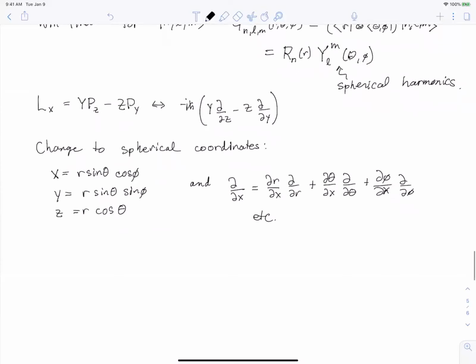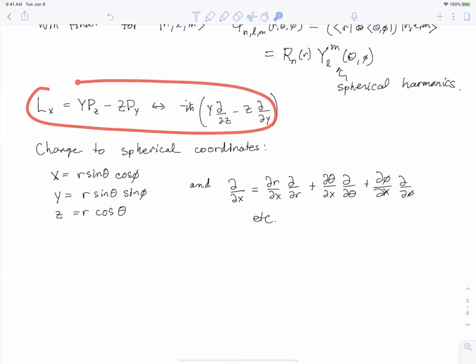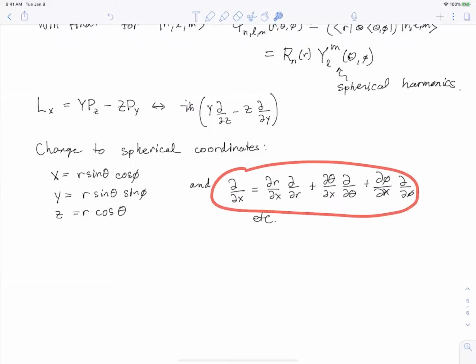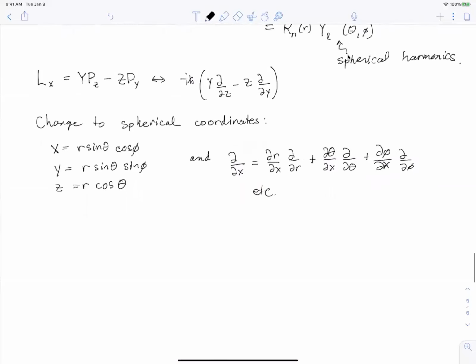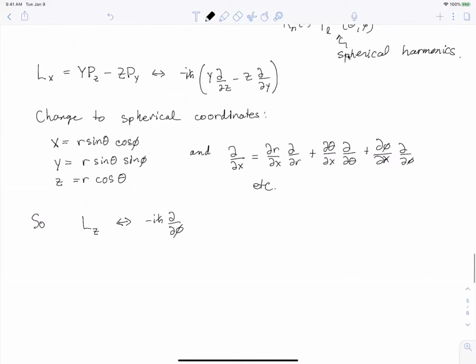And so if you just take our expressions for L sub x, for example, and the similar ones for L sub y and L sub z, and do all these transformations of differential operators acting on them, what you find is that L sub z is represented by minus i h bar partial phi, which is very nice and simple.